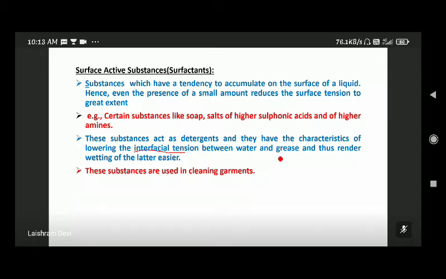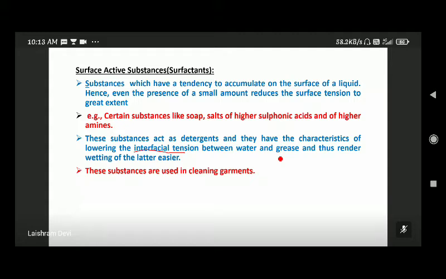The force of interaction between two water molecules will always be greater than the force of interaction between a water molecule and an air molecule. Therefore the net pull is towards the inner side. So this is the origin of surface tension.